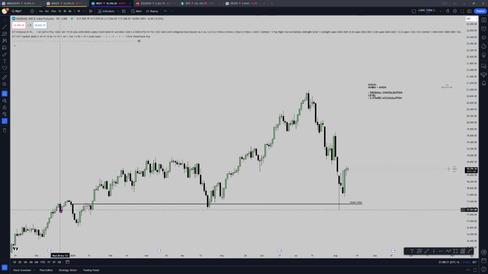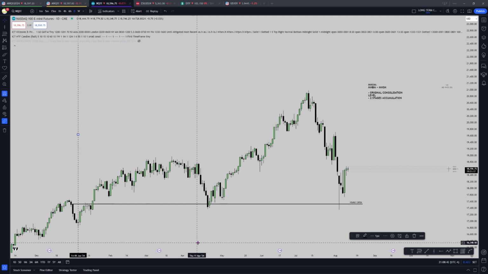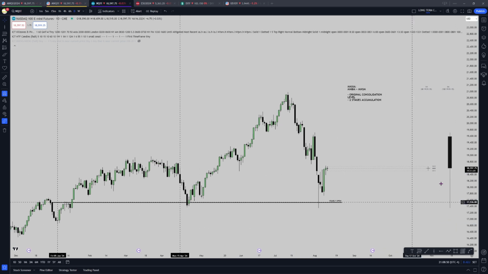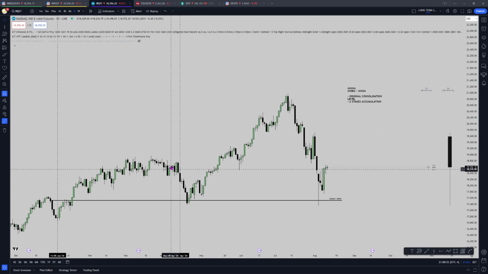So the year opens and we have a clear accumulation from January to around the second week of April. As many of you know, the power of 3: what follows accumulation is manipulation.